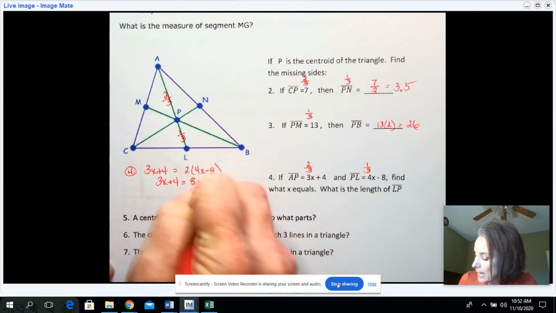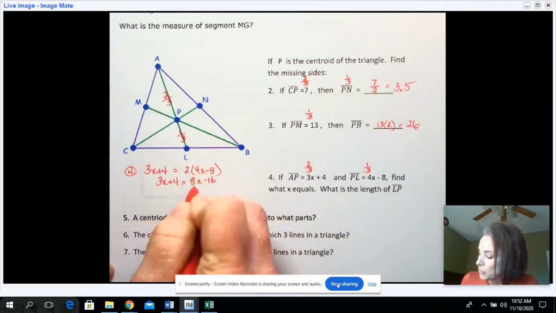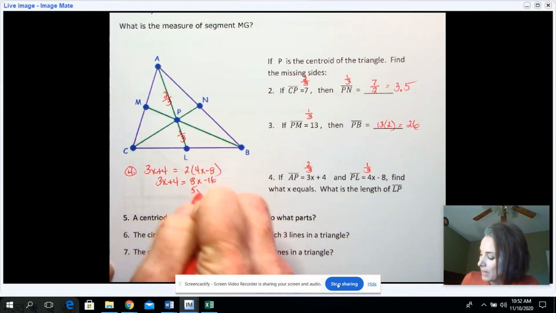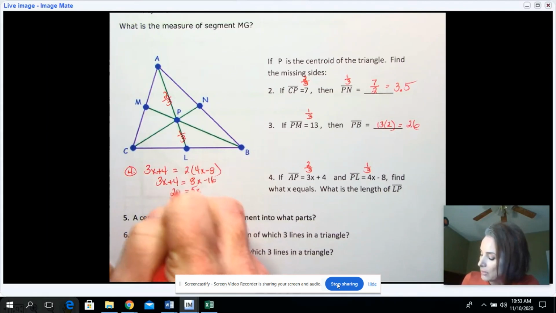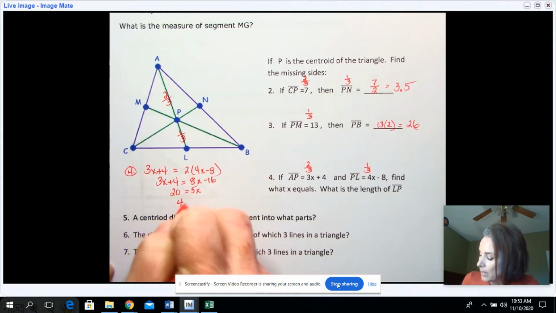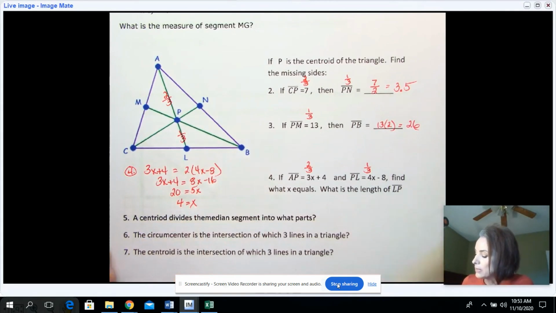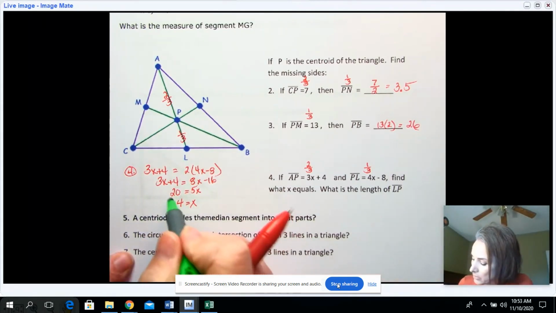So you're going to get 8x minus 16. I'm going to subtract 3x and get 5x. I am going to add 16 and get 20. And 20 divided by 5 is 4. So x equals 4.